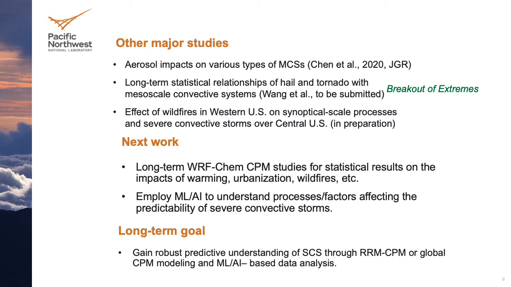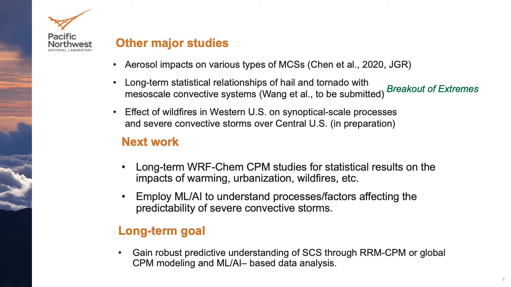The next work, as I mentioned earlier, is focused on long-term statistical studies about how those factors, the warming, urbanization, and wildfire, would impact the severe storm characteristics of the central United States. We also will employ machine learning approaches to understand the processes and factors affecting the predictability of those severe convective storms.